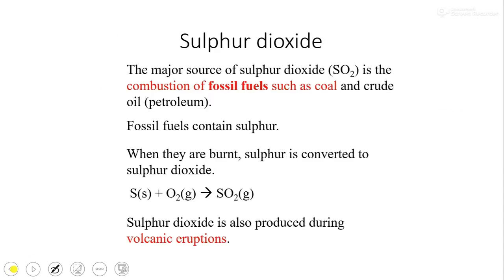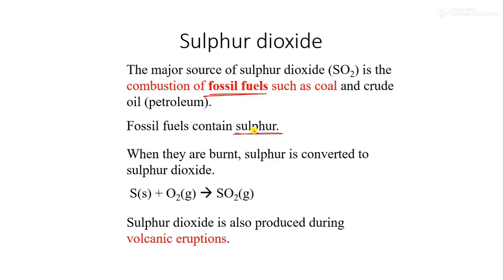Sulfur dioxide. Sulfur dioxide is produced by the combustion of fossil fuels, because when we withdraw the fossil fuel from the ground, it contains sulfur, which should be purified before use, but it is a difficult and expensive process.